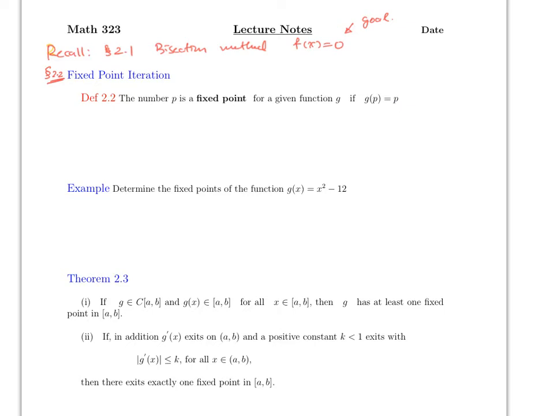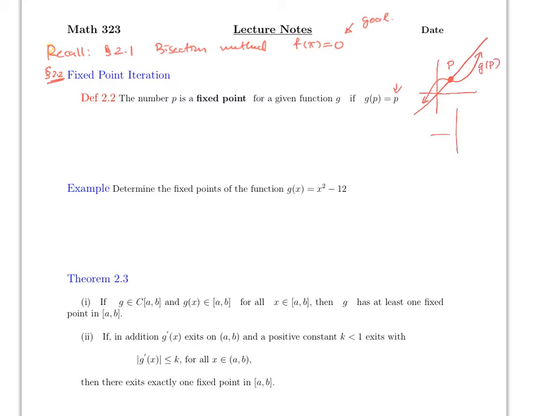The best way to think about a fixed point is this. Let's say that this is a function, and then y equals x, or just p, is going to be this line, and wherever they cross, that will be the fixed point.